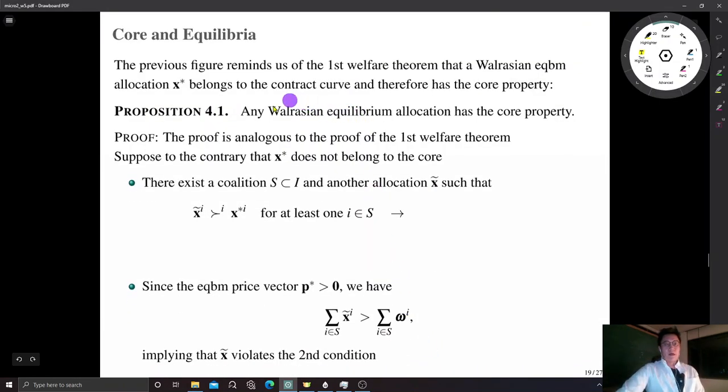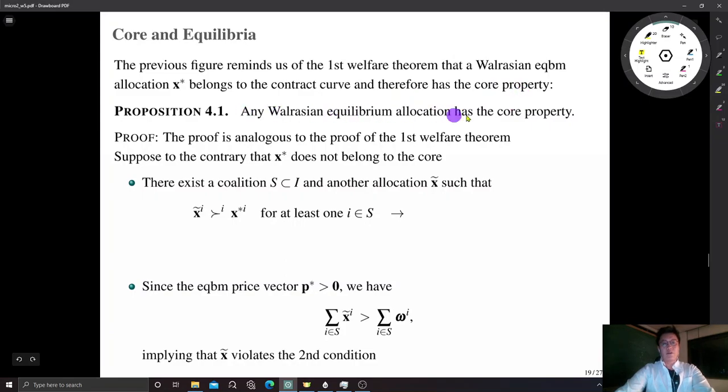All right. So the previous figure reminds us of the first welfare theorem, that a Walrasian equilibrium allocation belongs to the contract curve because the Walrasian equilibrium is Pareto efficient according to the first welfare theorem. So it is on the contract curve. So therefore it has the core property.